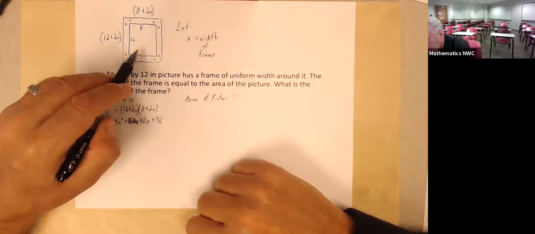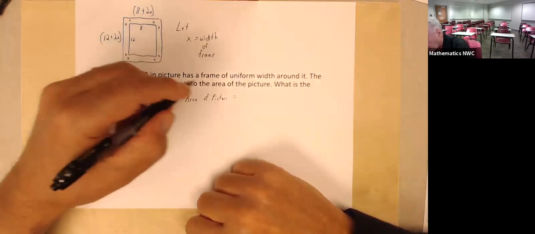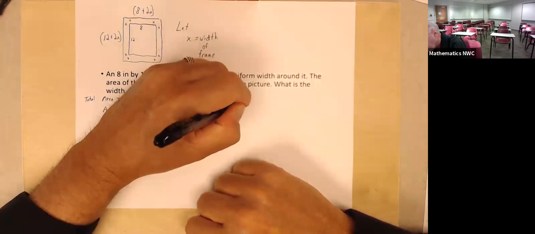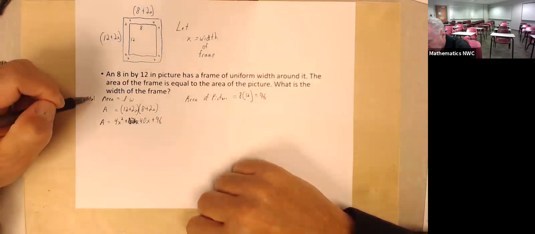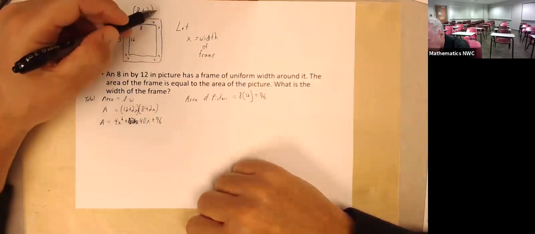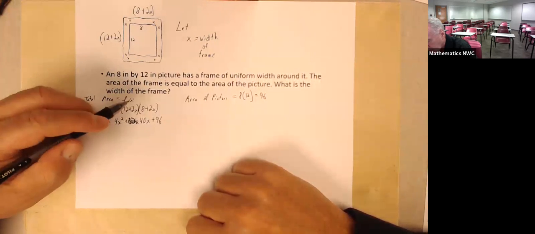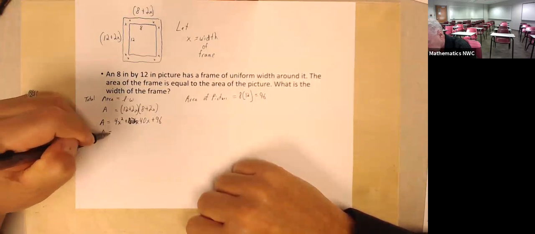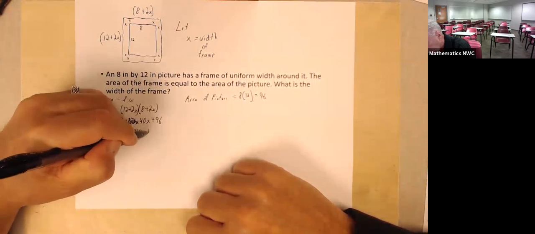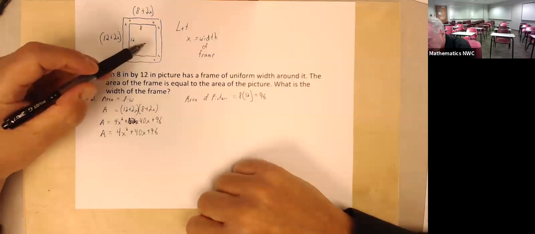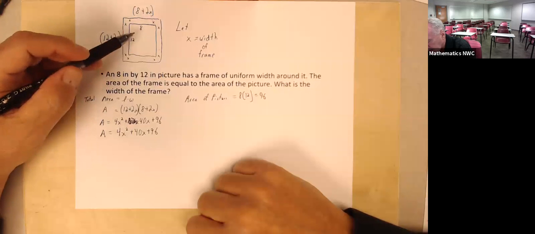The area of just the picture is 8 times 12, or 96. So my total area, if it were solid, was all of this. I'll rewrite this a moment because I had it scribbled out. This is the area as if it were solid.